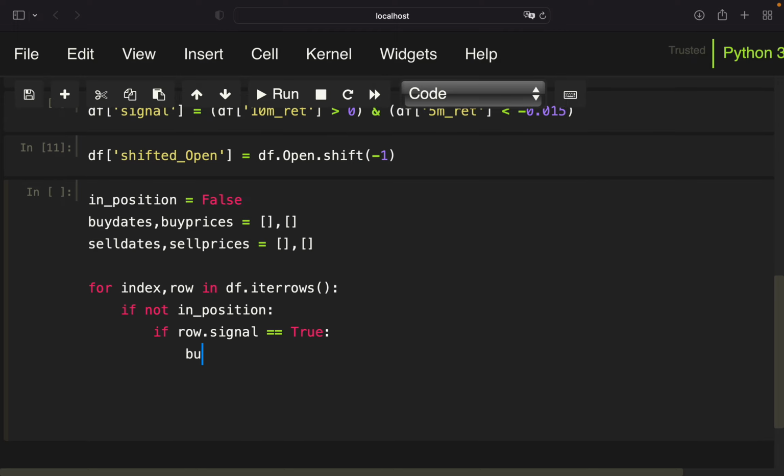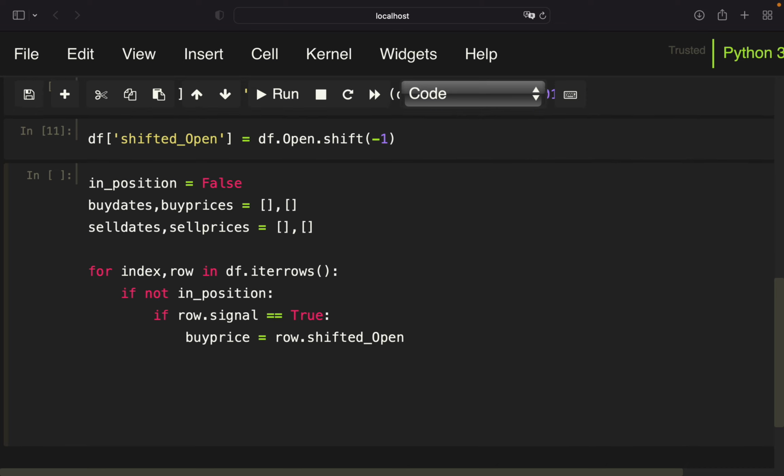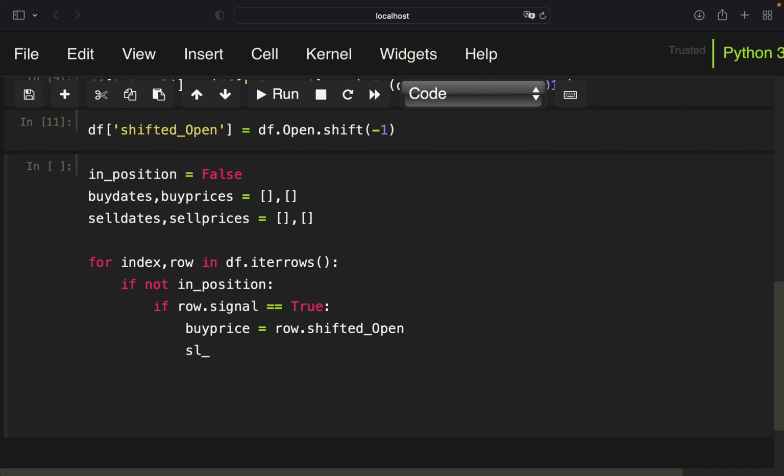When I buy, I first want to store the buy price in the variable buy price. As I just explained, I'm taking the shifted open to get the next time step's open. I also want to store for my trailing stop loss my stop loss anchor, and my initial stop loss anchor is my buy price.